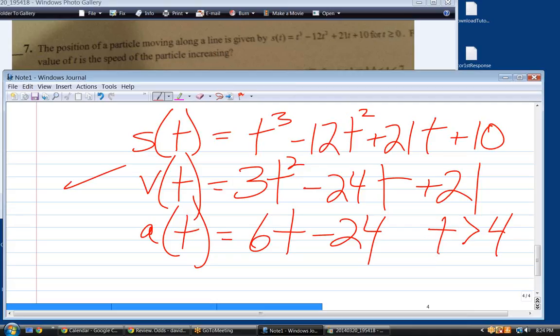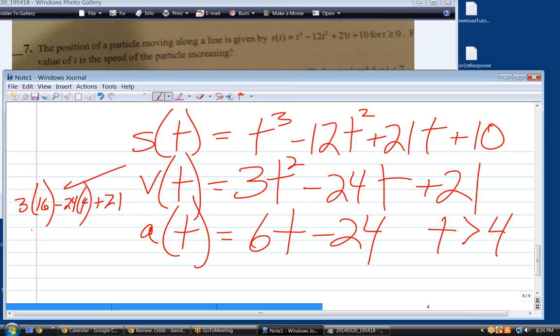And so what's going on with the velocity function at t equal 4? What is the velocity function equal to? Let's see, we have 3 times 16 minus 24 times 4 plus 21.